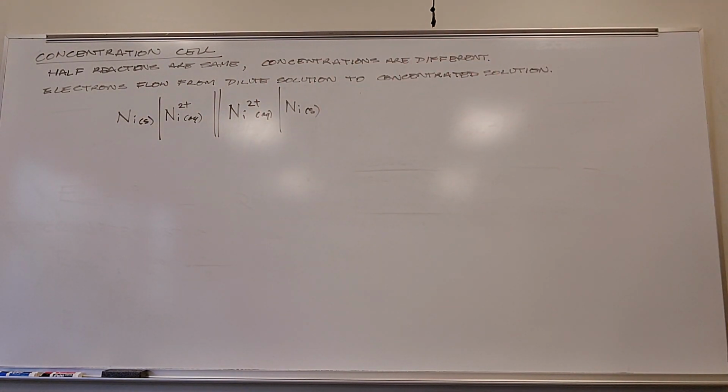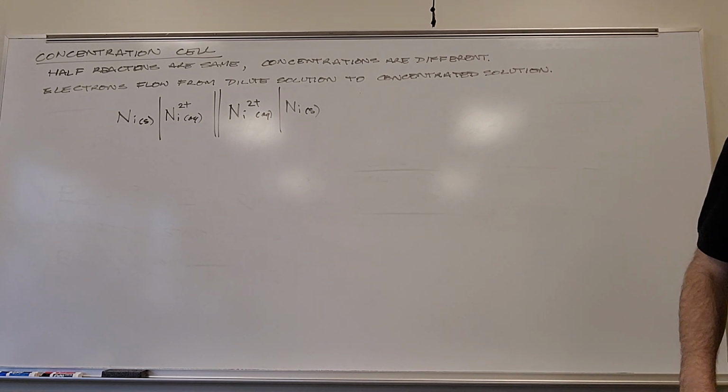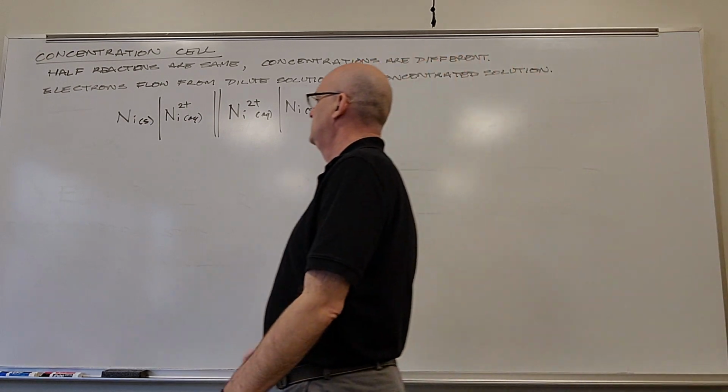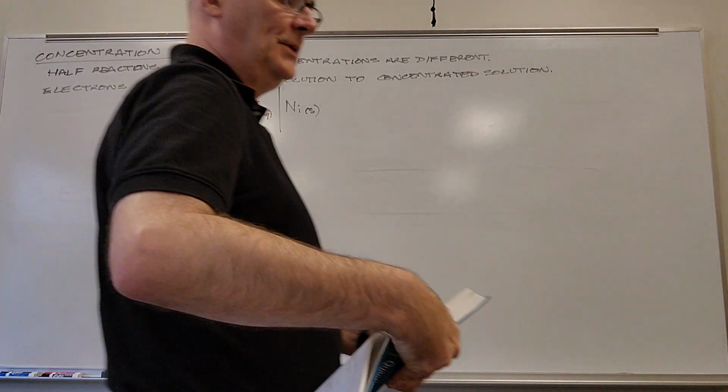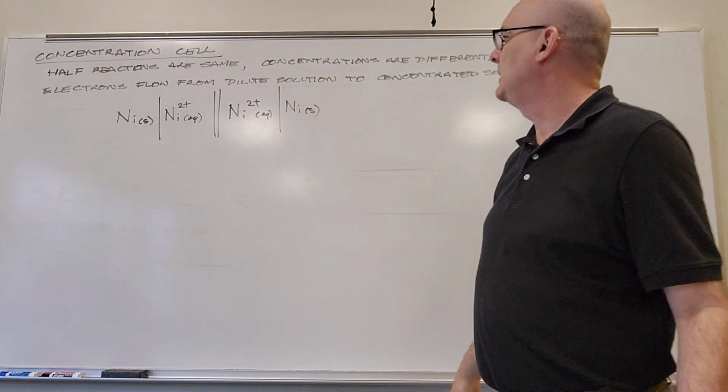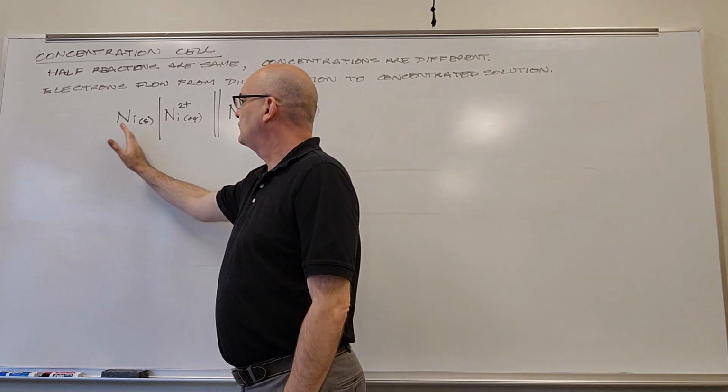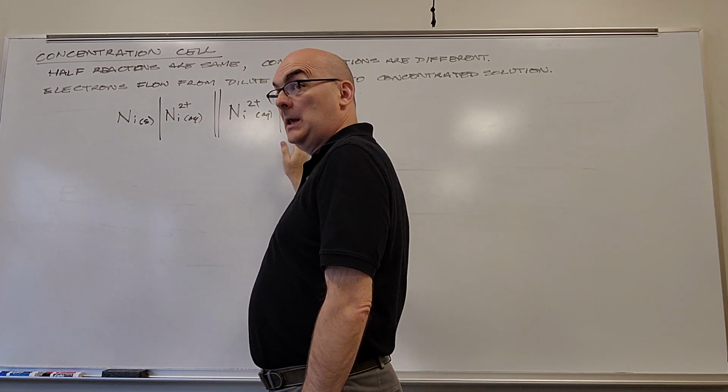What do we call these? I think they might be called boundary diagrams or line diagrams, something like that. Not sure what the actual name is, but they're useful. So you can write any cell this way: electrode, solution, solution, electrode.